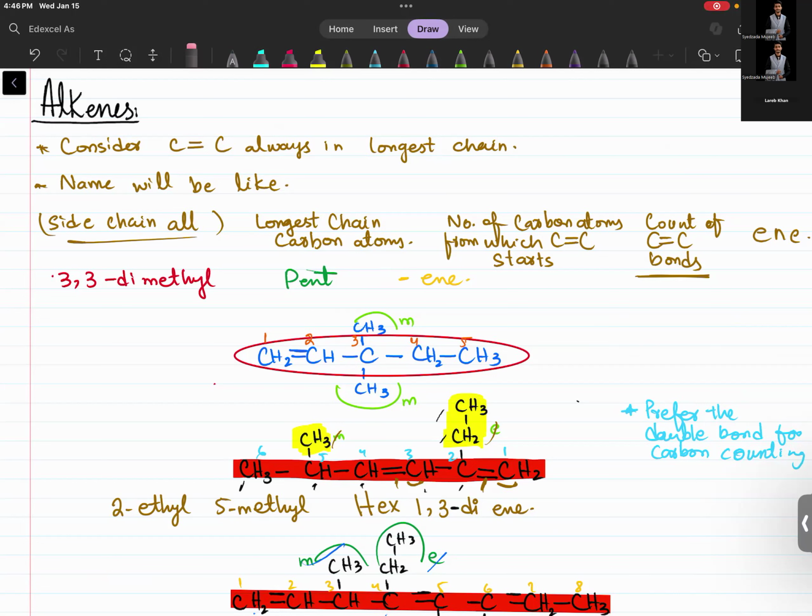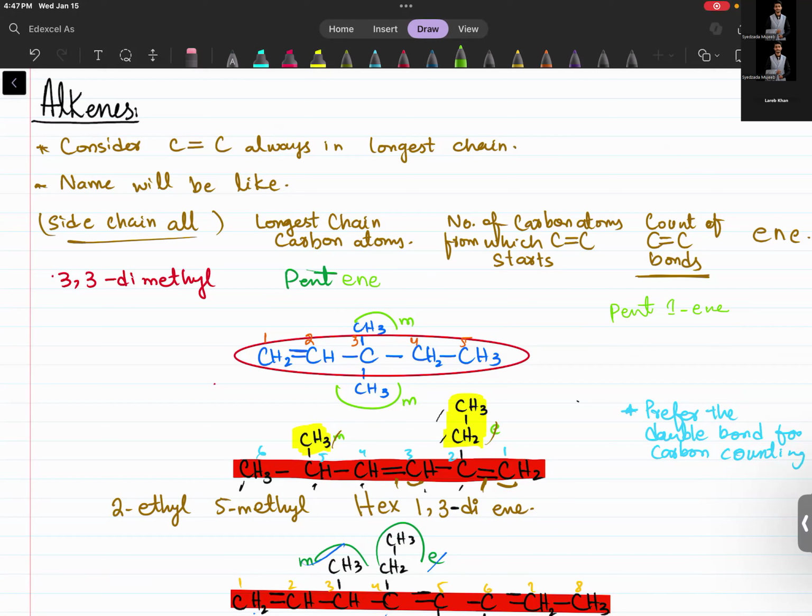From which carbon atom is the bond starting? We have 5 carbon atoms, and the bond is starting from the first carbon. You can write pent-1-ene, but we never write the 1 here.